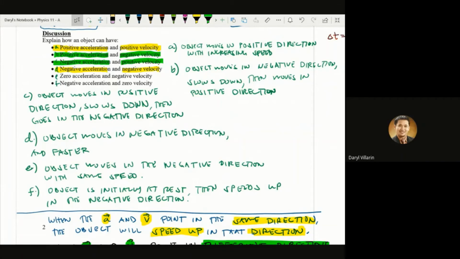The explanation for that one is, if you're moving east, what makes you slow down?